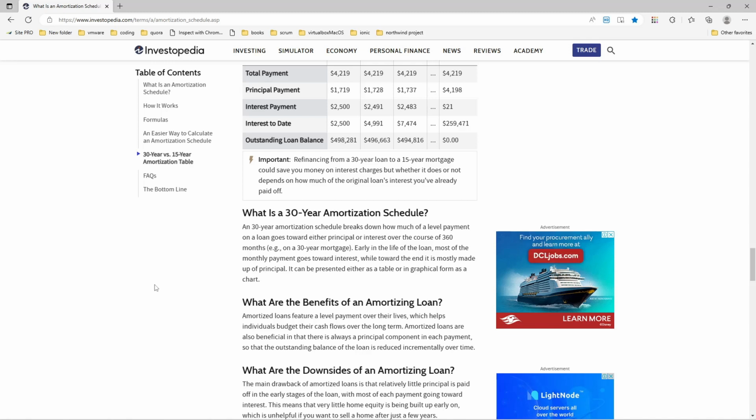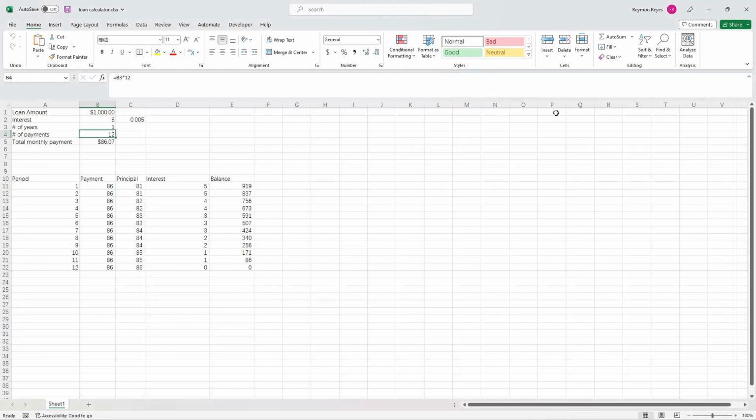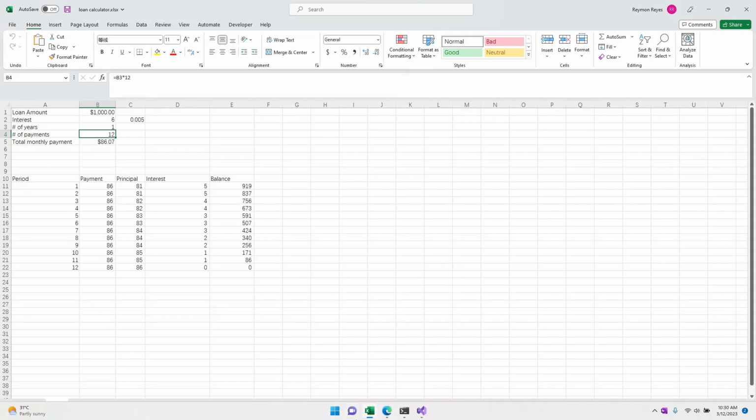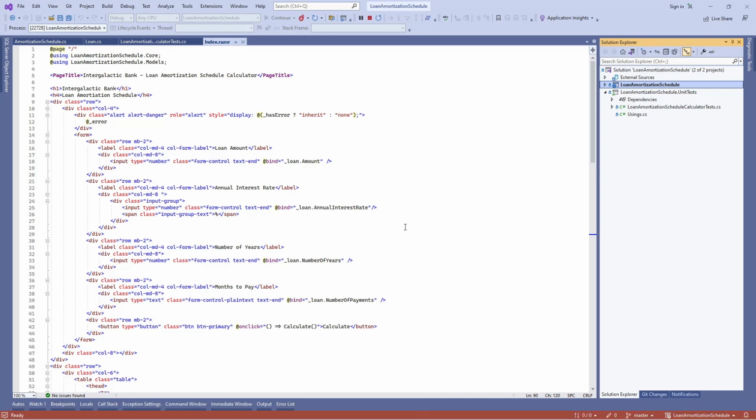Next up, we will be looking into the actual project. Since we will be building it using Blazor, we will be dealing with a Blazor server app.